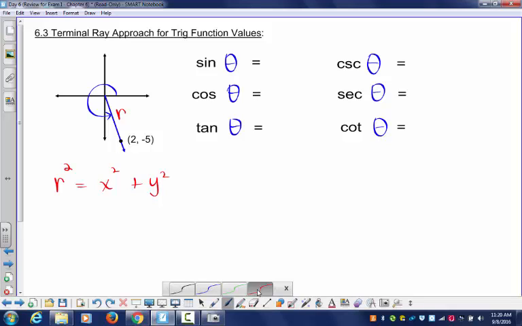First step in your process should be to find r. If you're feeling like you needed a clue. If not, you probably already found r.